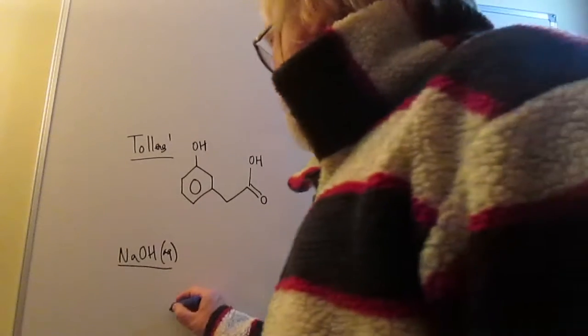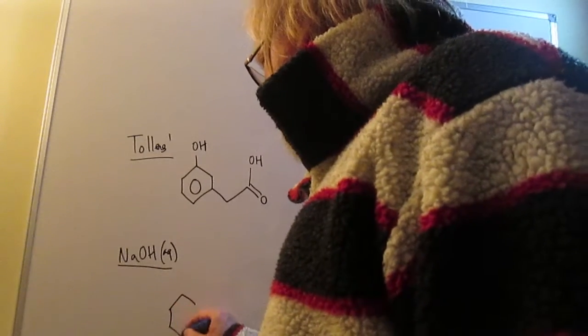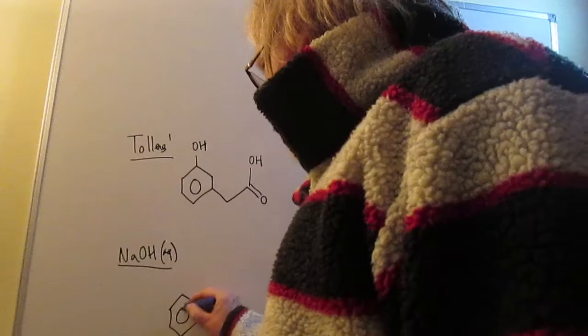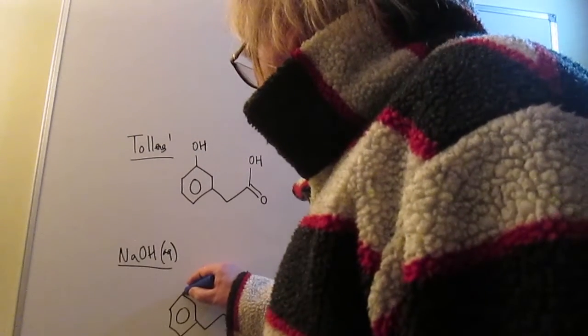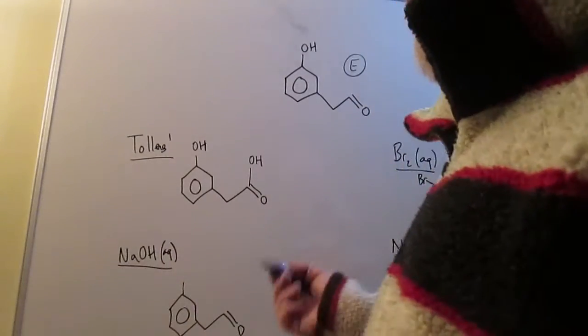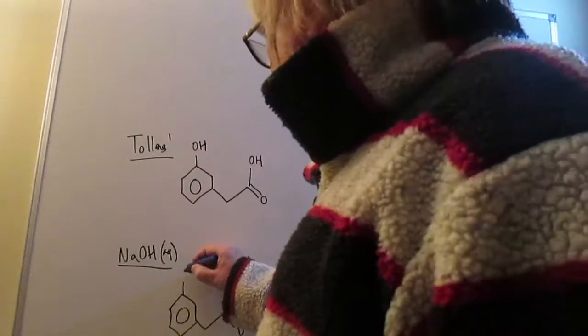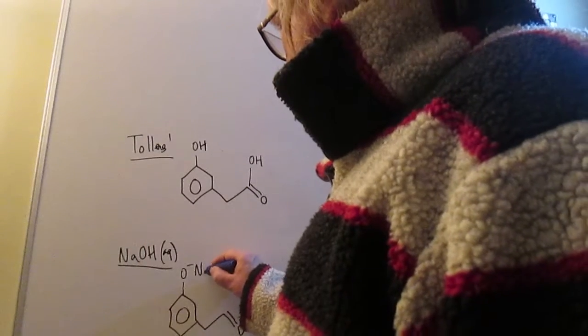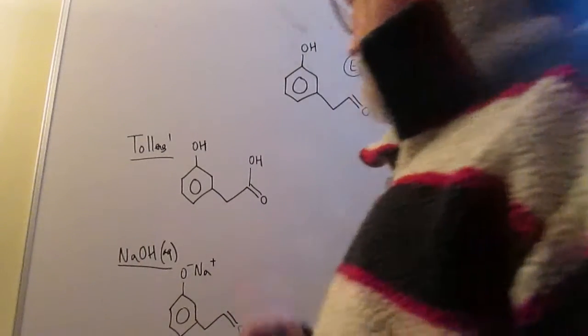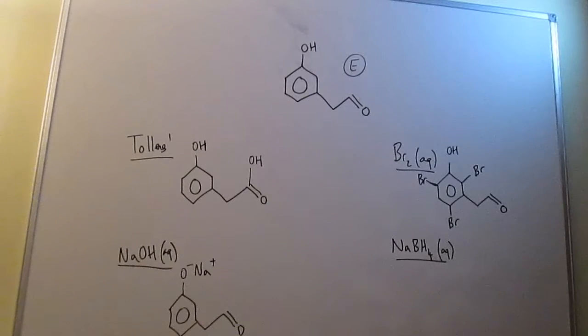So the compound that's formed has the ring and this bit unaffected, but the OH group now functions as an acid, which means it loses H+ and replaces it with the metal ion from the base, so we get O-, Na+ is the salt.